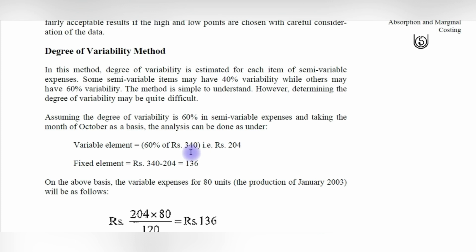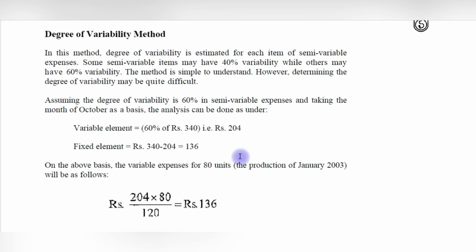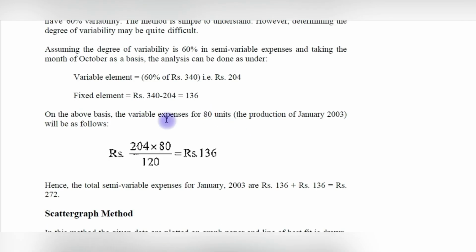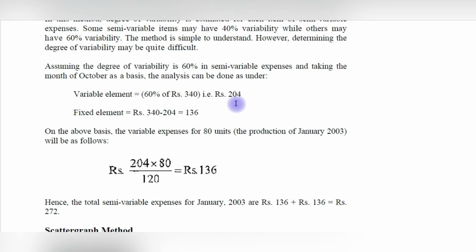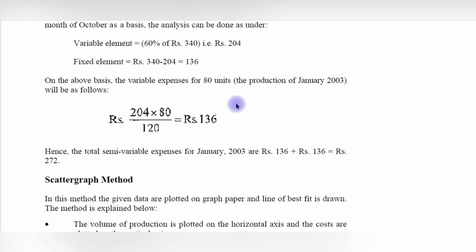Out of this, the company says that only 60% of this total expenses belongs to the variable expenses. Therefore, variable expenses will be 60% into 340, it will be 204 rupees. The remaining 40% is the fixed element. 40% into 340 gives 136. Similarly, we can find for the other months also. This is a simple method. Directly the percentage will be given. You have to find out the fixed part and variable part.